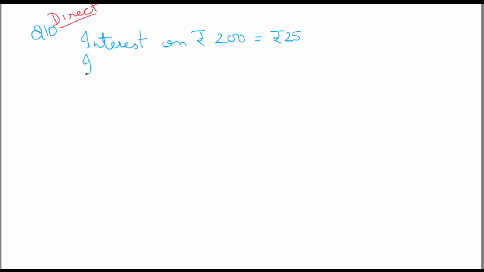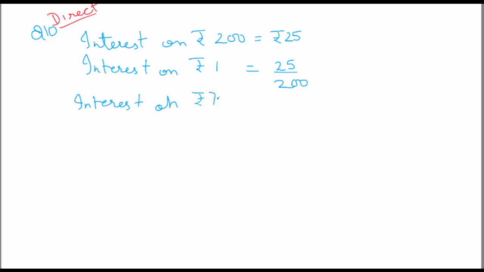The same way, interest on 1 rupee will be 25 over 200, and interest on 750 will be 25 over 200 into 750.